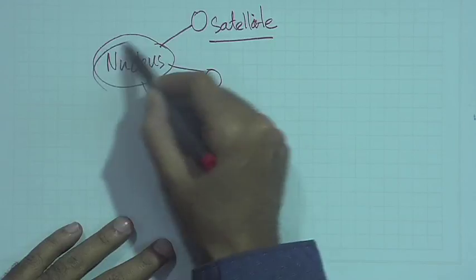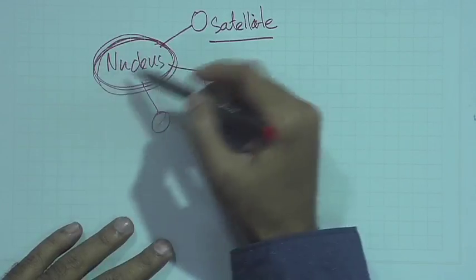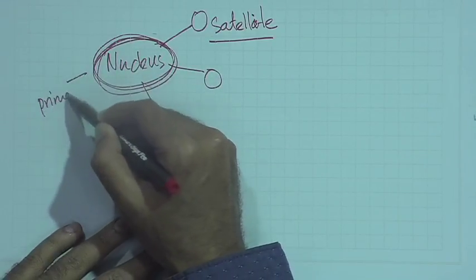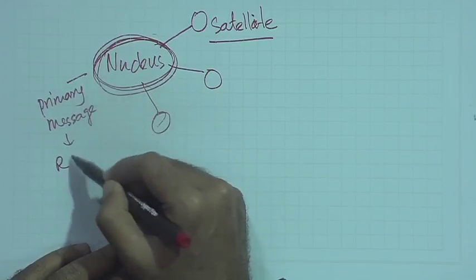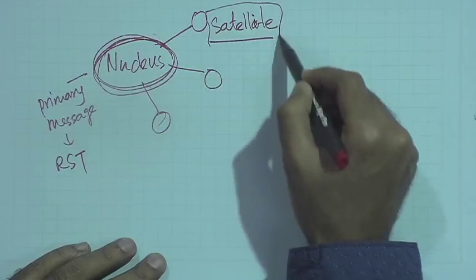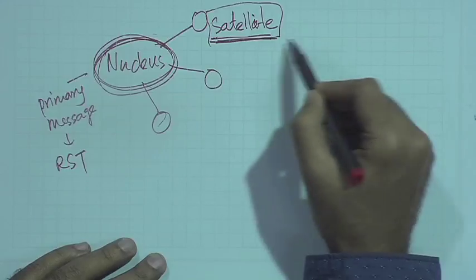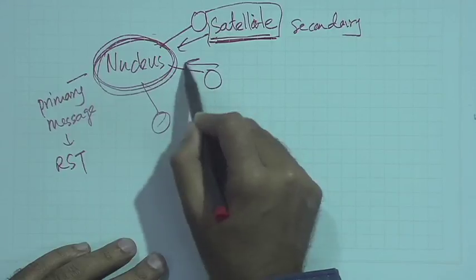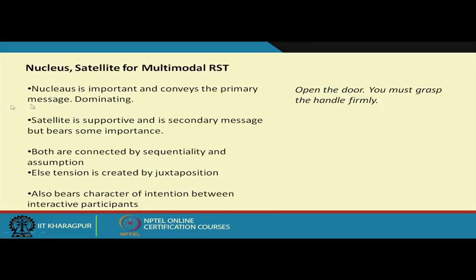The nucleus is the part which is more important and dominant, and it will convey the primary message, whereas the satellite is lesser important, but it will provide some secondary message that will work towards this nucleus. So, that is what happens when it comes to this kind of model.